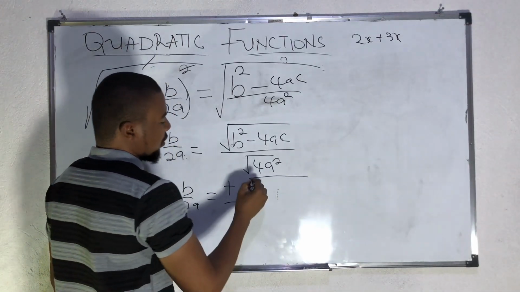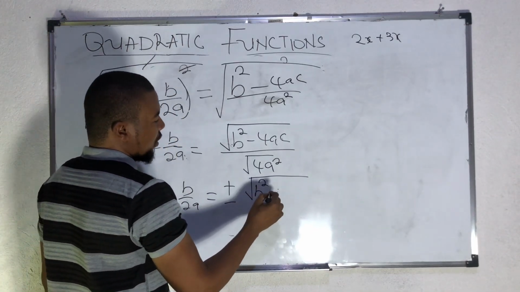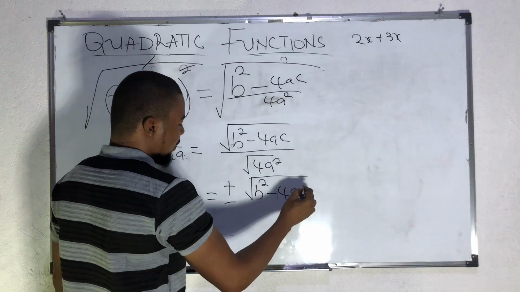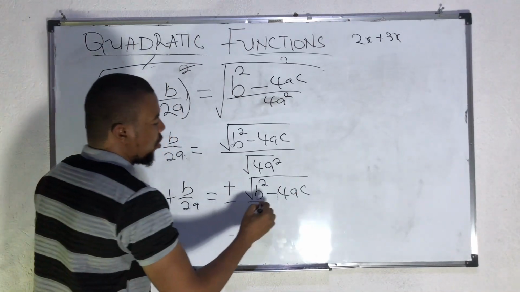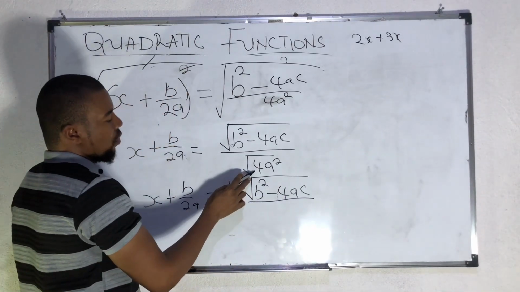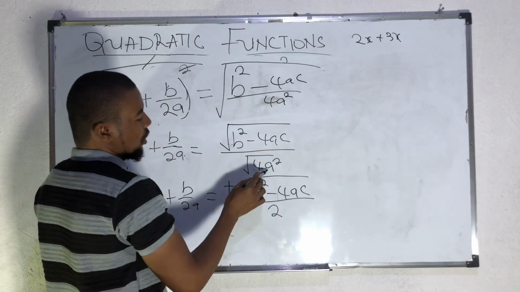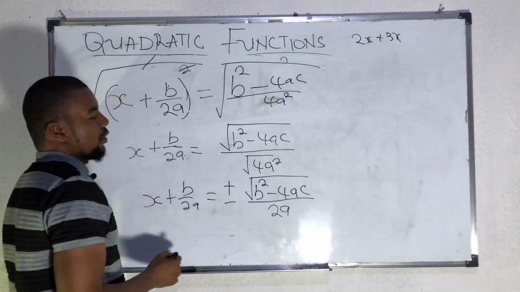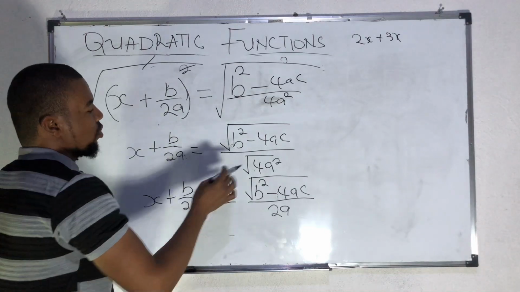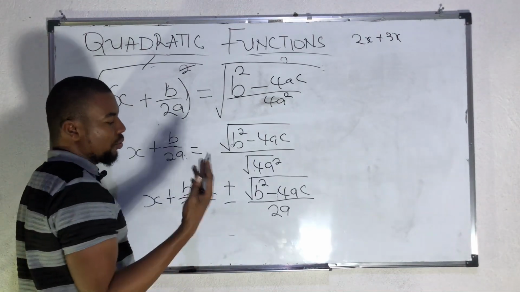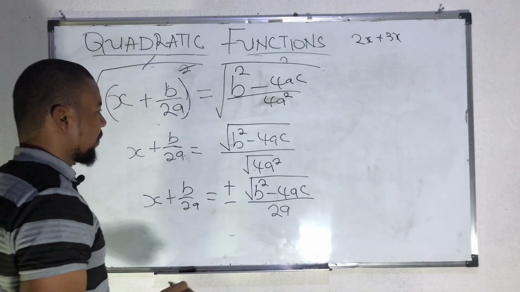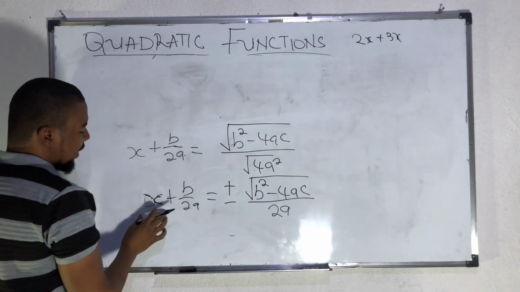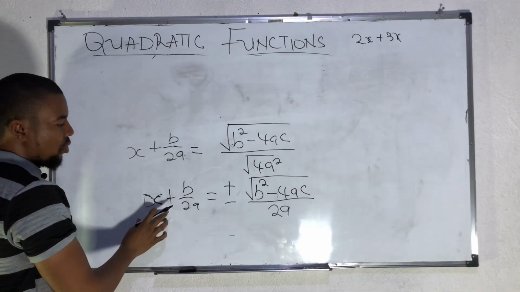This now becomes b squared minus 4ac all over the square root of 4, which is 2, and the square root of a squared, which is a. So when you have a squared and you take the square root, the square goes away and you're only left with a.